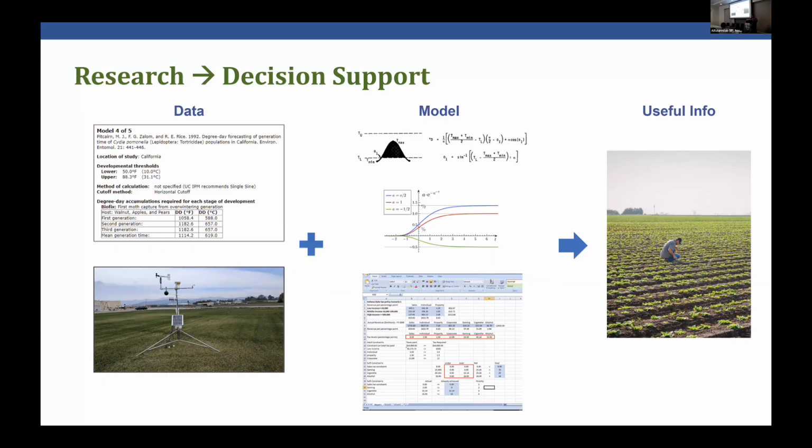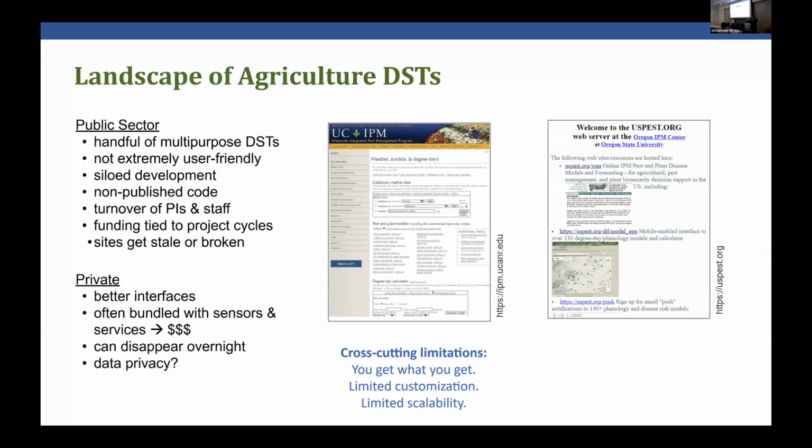Combine that with a model, which could be a regression model. It could be some sort of formula that generates these metrics. Could be something which is essentially a complicated spreadsheet, lots of small equations and if-then statements, and then provide that to the poor farmer who's really just trying to figure out how she can keep all the balls in the air and get to the end of the season with a productive harvest.